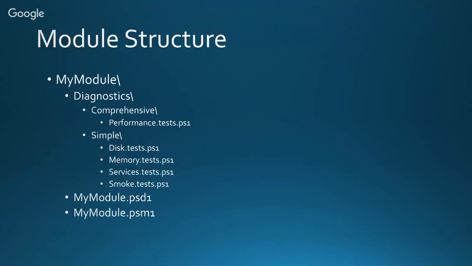Comprehensive tests are designed to test a much longer scenario to test the health of your application, and generally these could be more computationally expensive tests. So you may not want to run these tests every 5 minutes like you could with a simple test, for instance. Maybe a comprehensive test runs once an hour or once a day or something like that.